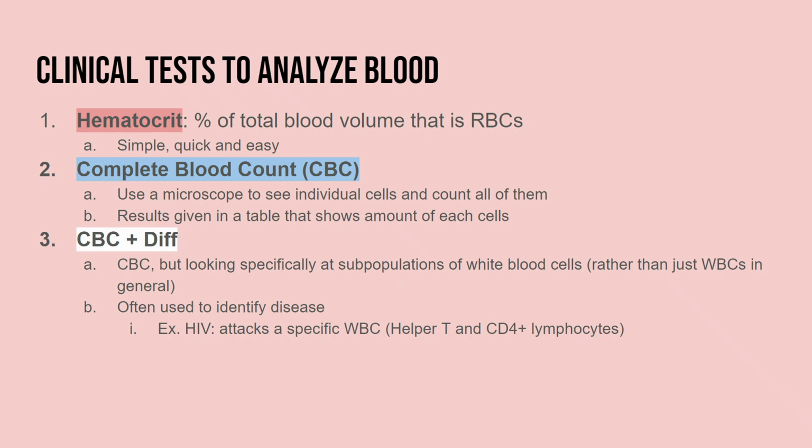This is just like getting a little sample in a microscope and counting them to estimate the proportions of blood that are red blood cells, white blood cells, platelets. And then the differential is a closer look to identify the subpopulations of white blood cells, like we talked about before, the granulocytes, neutrophils, stuff like that. And that could help you identify very specific diseases.